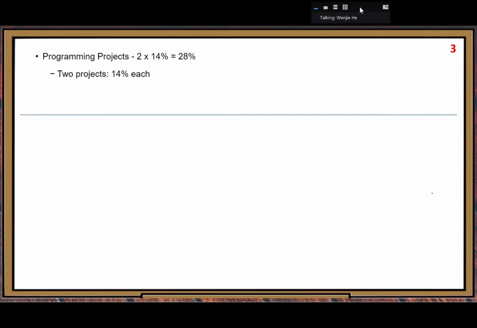The first one is completely designed for beginners to pick up the basic knowledge. Experienced students can do it much faster, but you still need to do a lot of work. It's still non-trivial. All right. So, first project, second project.